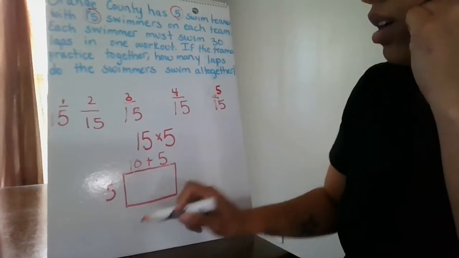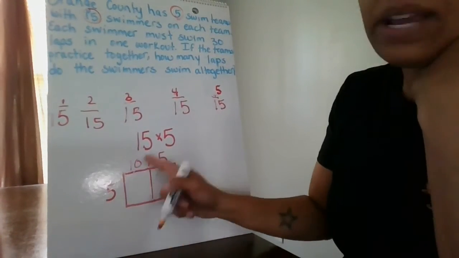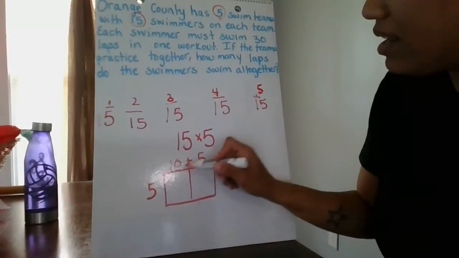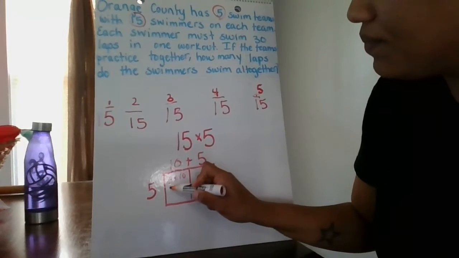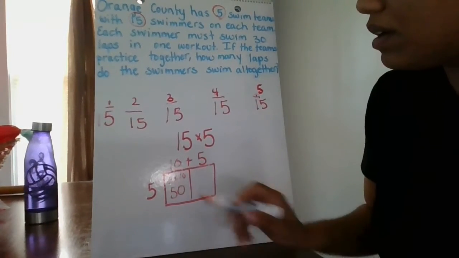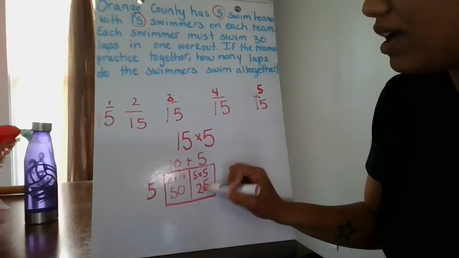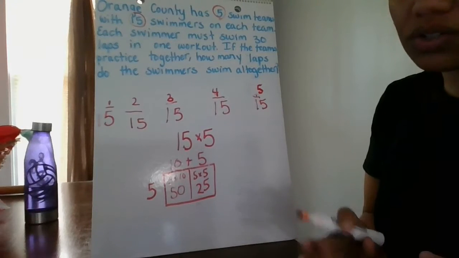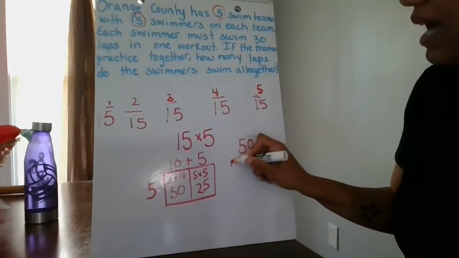Then you put that 5 out there, okay? I draw my line where my plus sign is, and then I can do the multiplication. So 5 times 10 here, which is 50. 5 times 5, which is 25. And then you guys have to take your partial sums, 50 and 25, and you have to add those up.